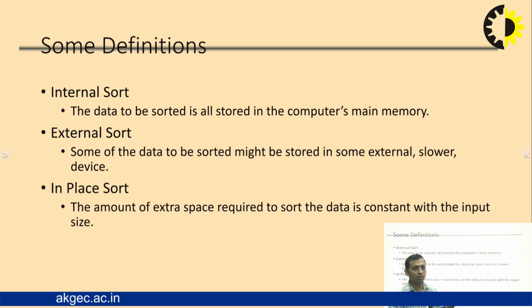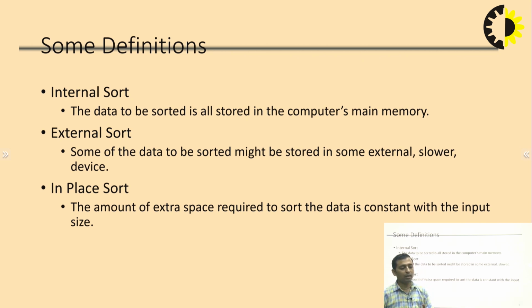Some constant storage may be required, maybe 2, 3, 10, but not in reference to the number of elements. So this type of sorting is called in place sorting, meaning we can sort at that particular place where the data is already present.